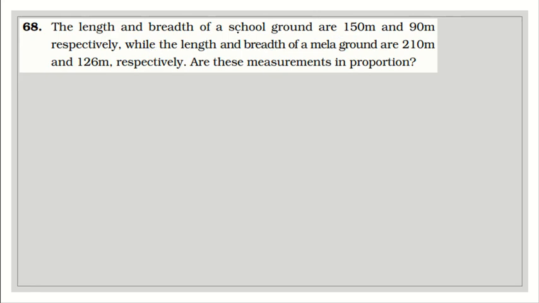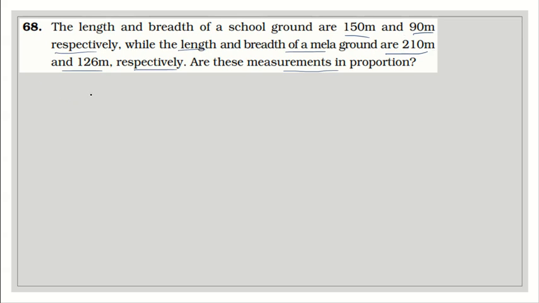The length and breadth of a school ground are 150 meter and 90 meter respectively, while the length and breadth of a Mela ground are 210 meter and 126 meters respectively. Are these measurements in proportion? So the question is very good. Are these in proportion?